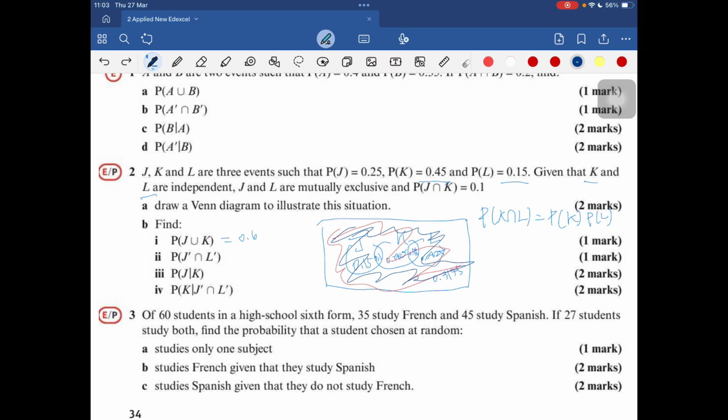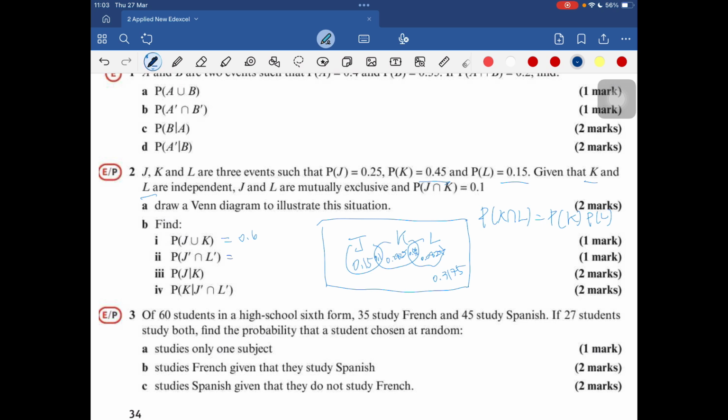So if you find the intersection of that, it is out of J or K. Sorry, J complement and L complement. Anyway, it's going to be the same.